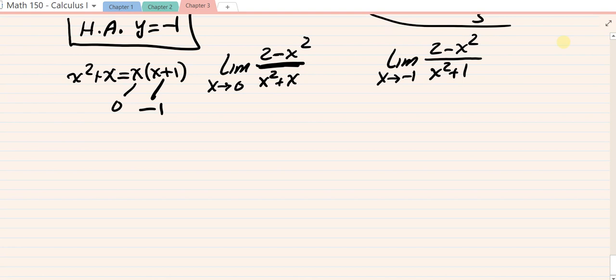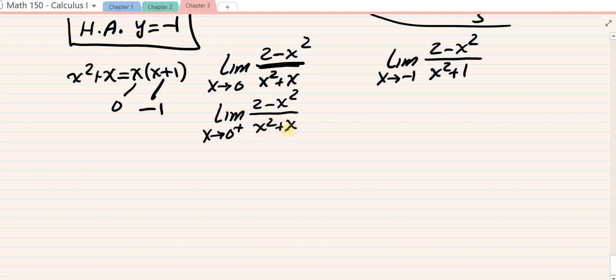So first, let's look at x goes to 0. You can look at x going to 0 from the right or from the left, it doesn't matter. So I'm going to change that to the limit as x goes to 0, let's say from the right in this case, of 2 minus x squared over x squared plus x.